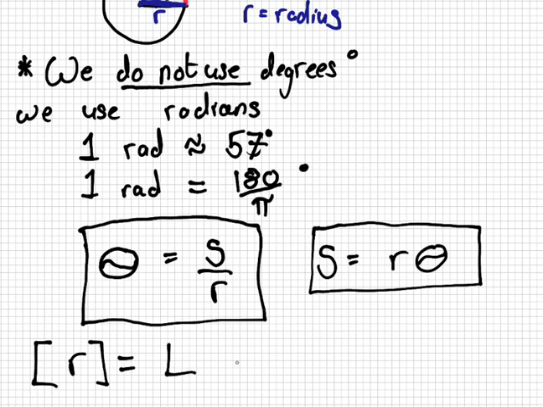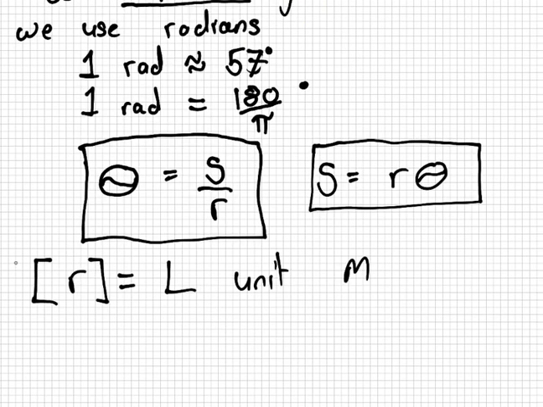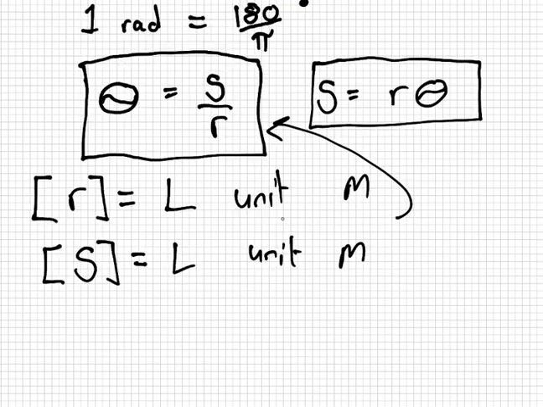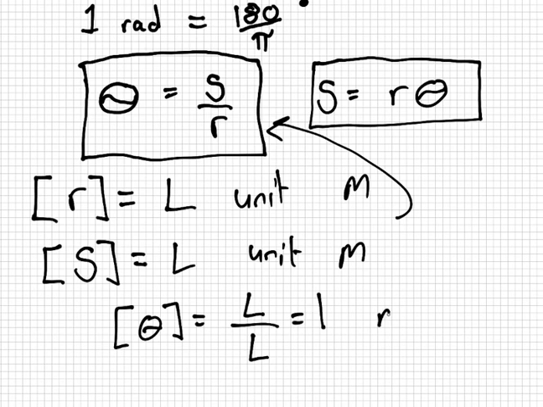That's length, isn't it? And what unit do we use? Meters. Now, the unit for S, what do you think that is? Length. And what unit? Meters. So if I put that into this formula, what's the unit for angle here? Meters squared? No. Nothing. One. It's length over length, which is 1, which is no unit.